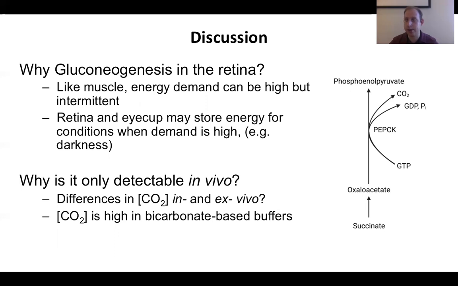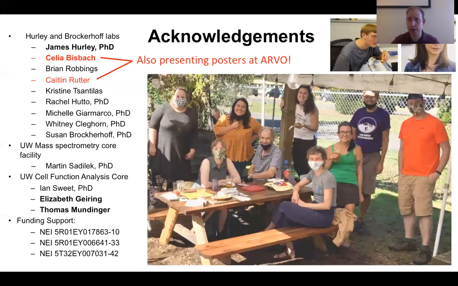If vascular supply can't meet their demand, then perhaps other cells in the retina already have glucose that they can provide to compensate for a lack of vascular supply. So this is still a hypothesis, of course, and we need to confirm that gluconeogenesis is happening in other ways. But we think it's a pretty strong argument that we're making that it is happening.